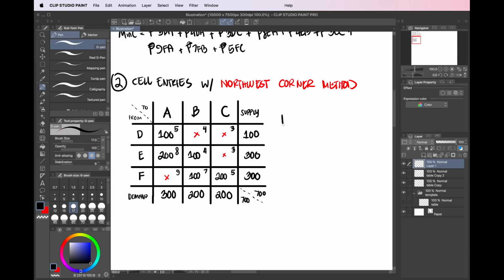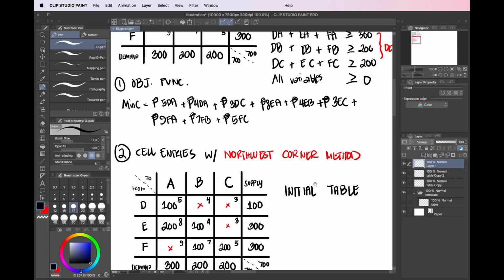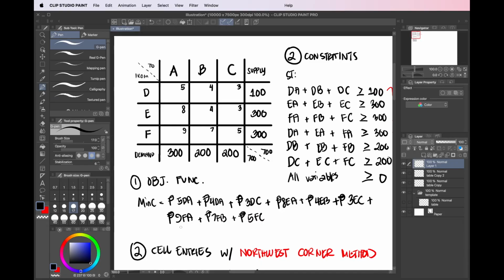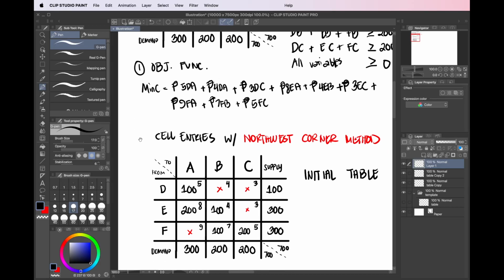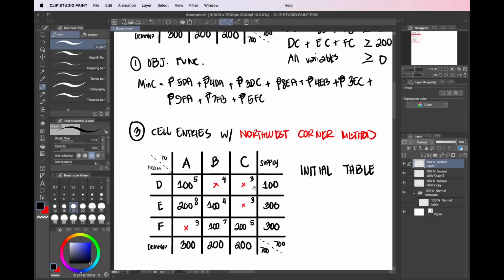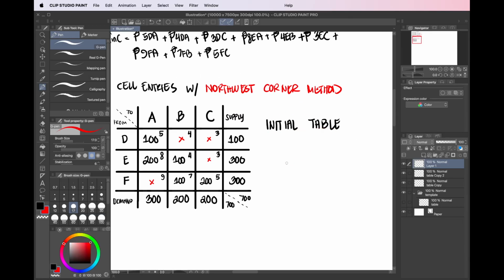Up till now, our goal was really to create the initial table. After writing your objective function, then your constraints, and then this should be number 3, your cell entries using the northwest corner method, you've now created your initial table.